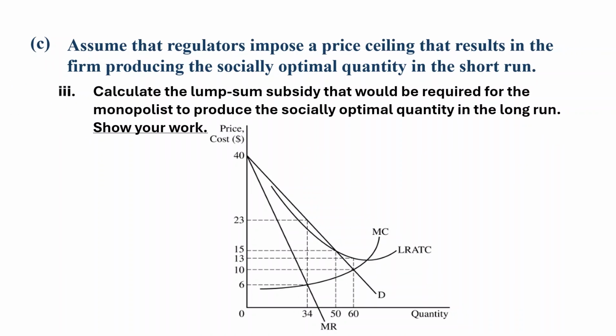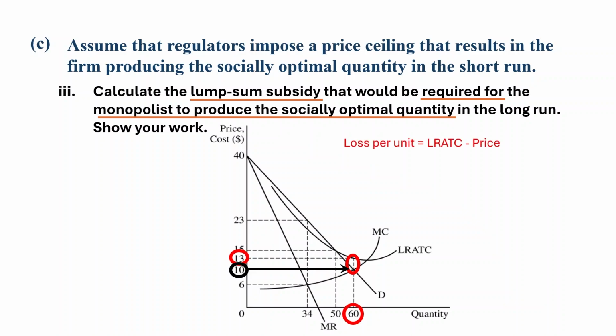Now let's move to the last part of our question. Here we are asked to calculate the lump sum subsidy that would be required for the monopolist to produce the socially optimal quantity in the long run. We have already identified LRATC and price per unit in the last part. So let's first calculate the loss per unit this firm will make.